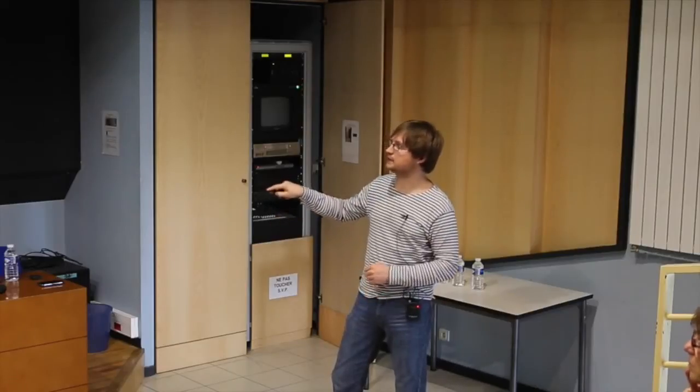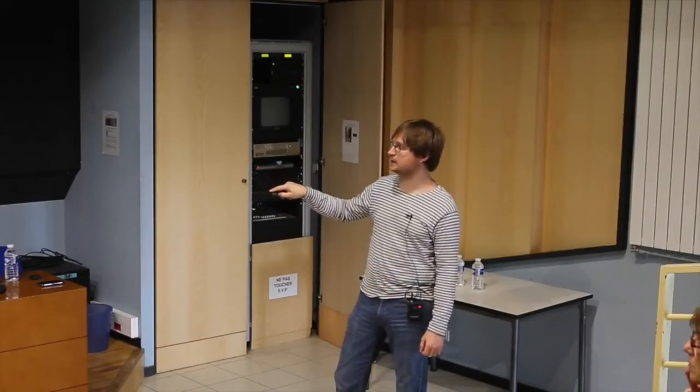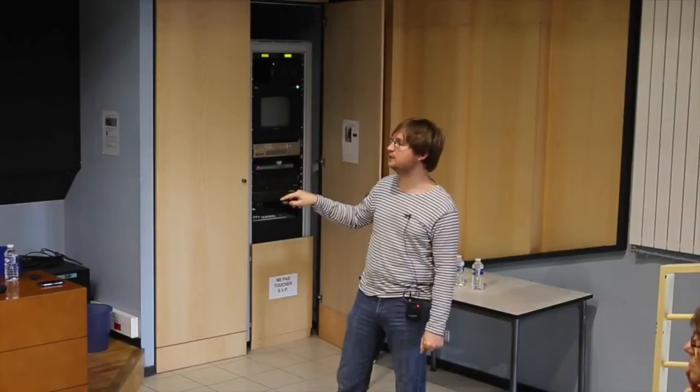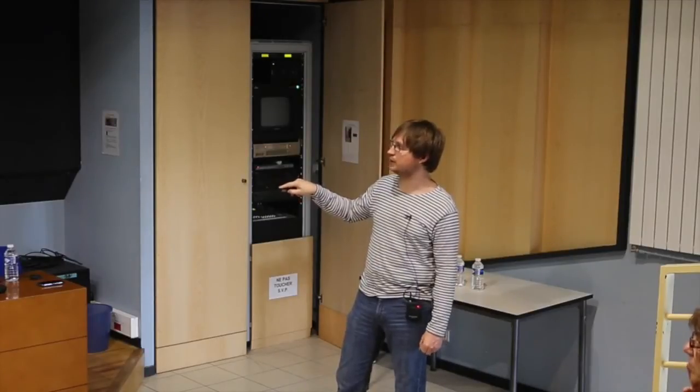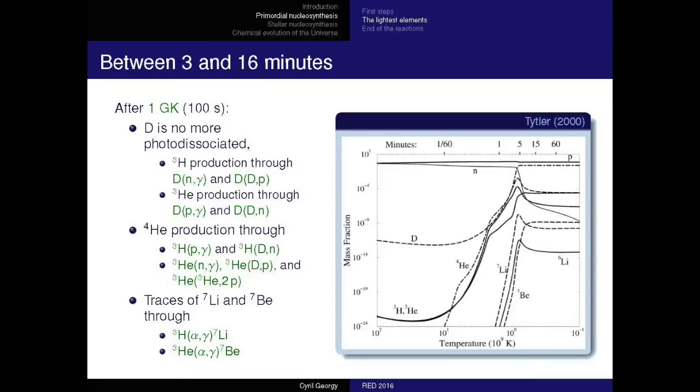You can go to lithium and beryllium through these two reactions here, but you need to make your tritium and helium-3 interact with an alpha particle. And as the universe cools down and expands, the density drops as well. These reactions are very difficult to obtain during the Big Bang nucleosynthesis. So basically, you will only produce some traces of these two elements.